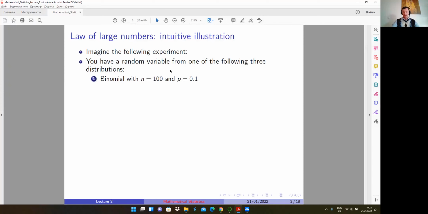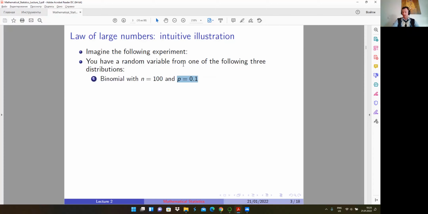So the binomial random variable will say how many times, let's say, if I test 100 people for COVID, how many people will show a positive result, if the probability of testing positive for one person is 0.1.